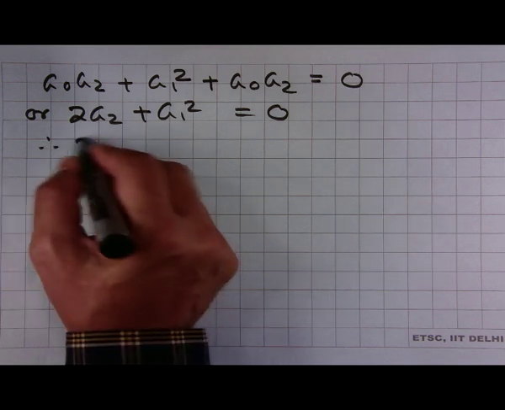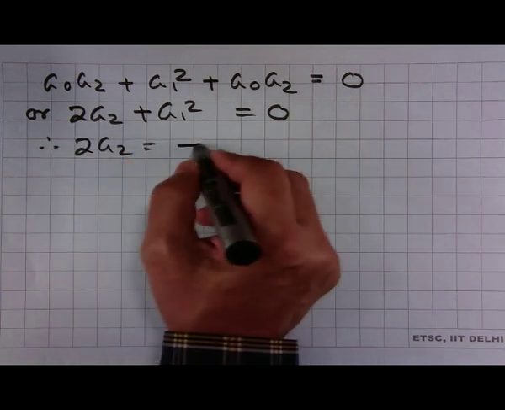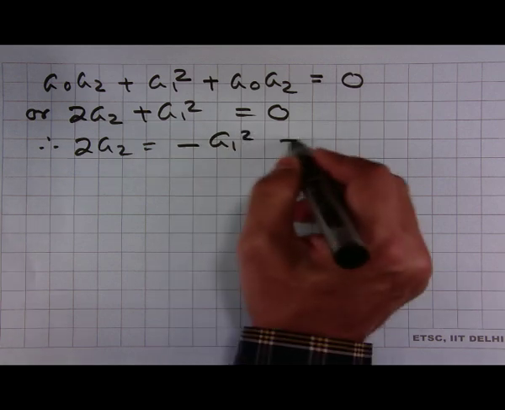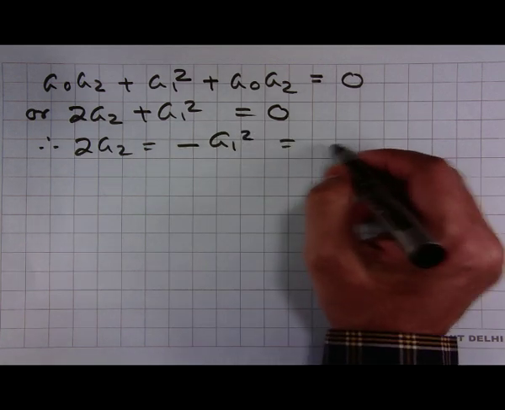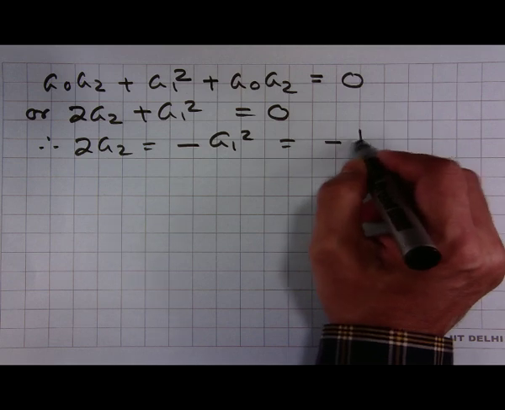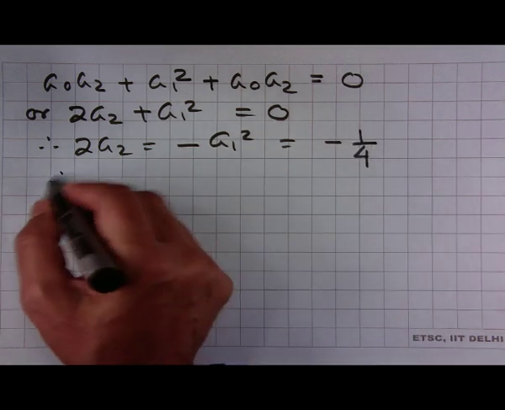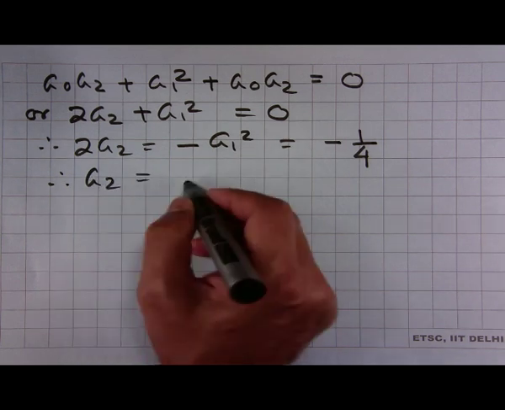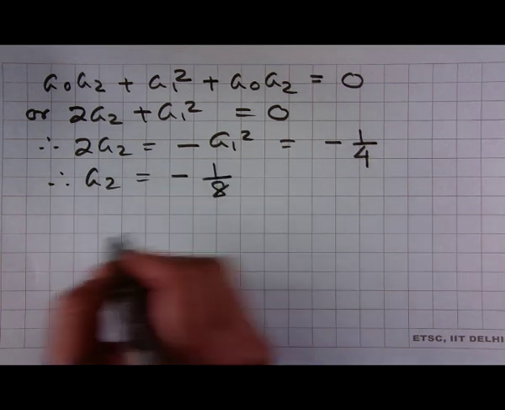Therefore, 2 a2 is equal to minus a1 square is equal to minus 1 by 4. Therefore, a2 is equal to minus 1 by 8.